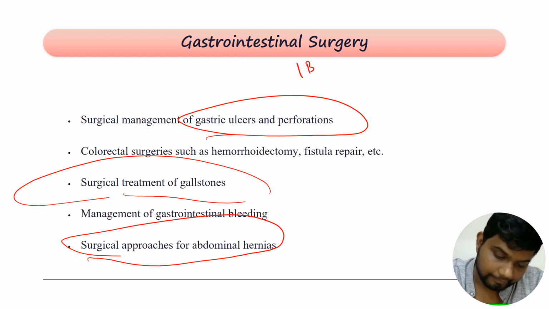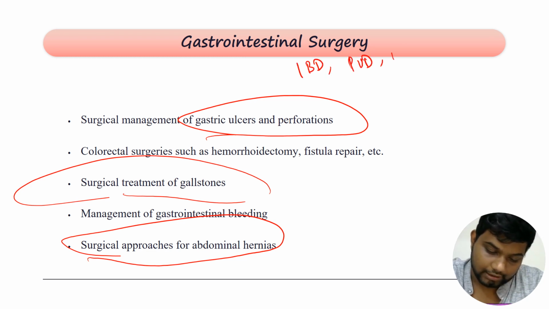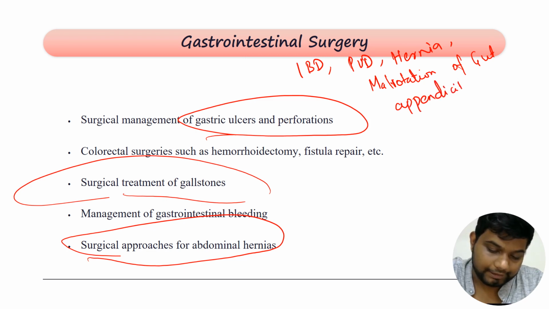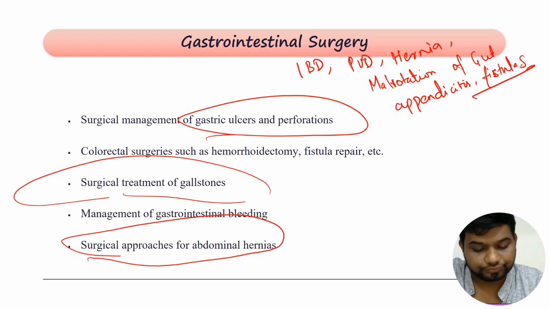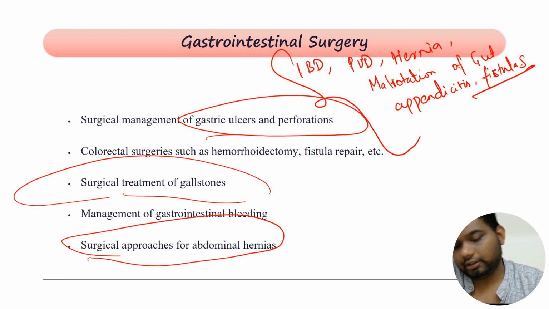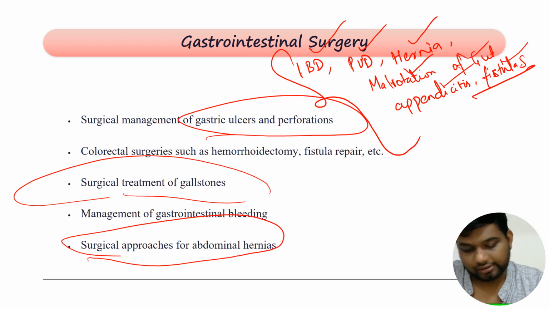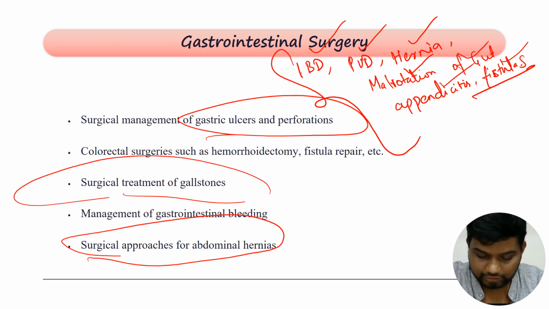So IBD, PUD, hernia, malrotation of gut, appendicitis, and anal fistula are the topics of interest in GI surgery. Even if you don't read the other things, these areas you have to master.